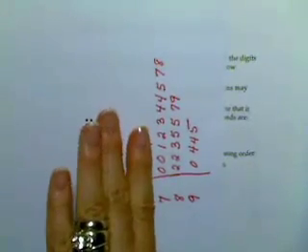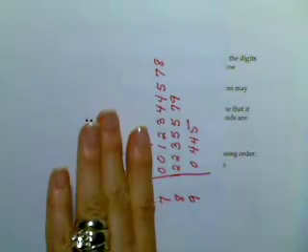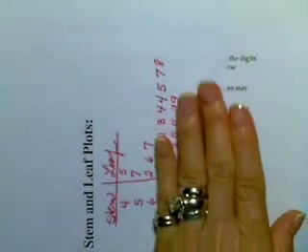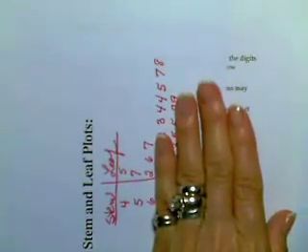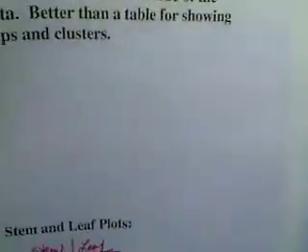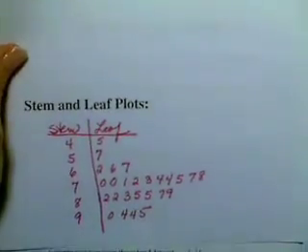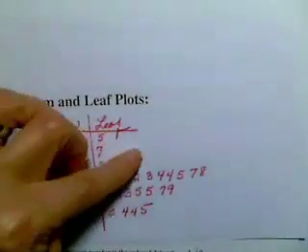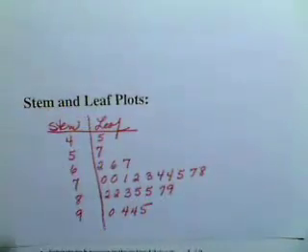So we could even make a general statement saying most of the data is 70 or above. We have a little bit of data in the 60s and below. So this begins to give us a shape. The data begins to take shape.